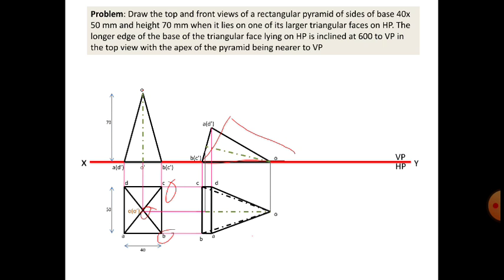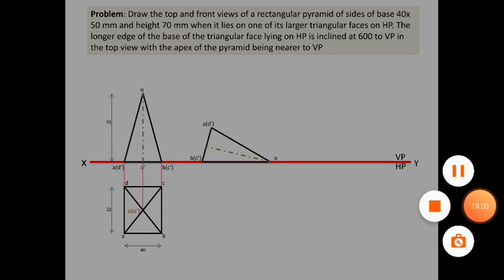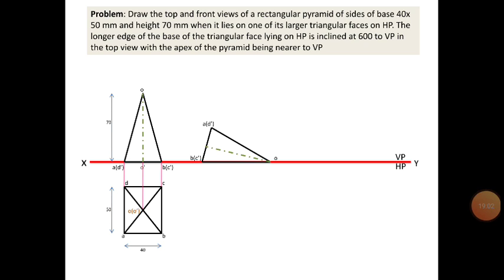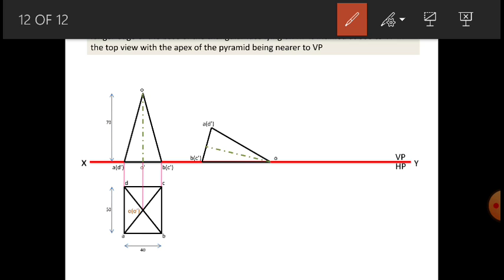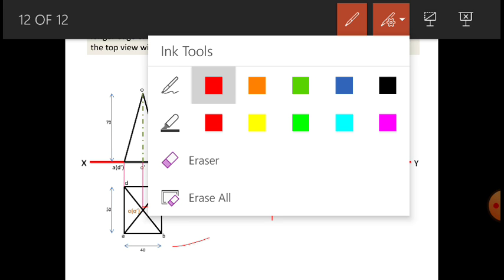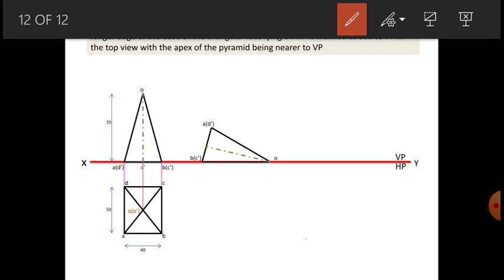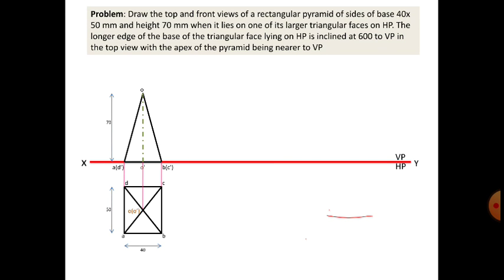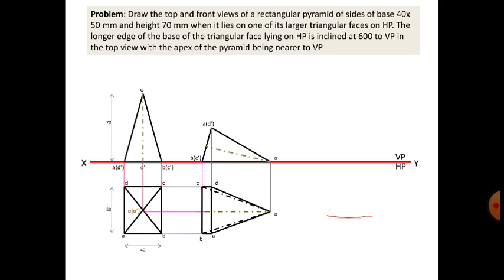This is how you are going to do it. So now we are going to project the lines from here and get this object.